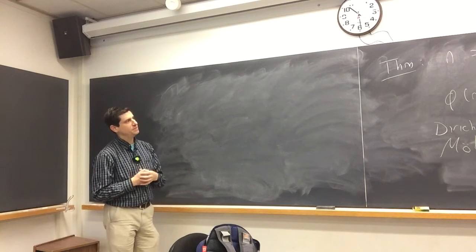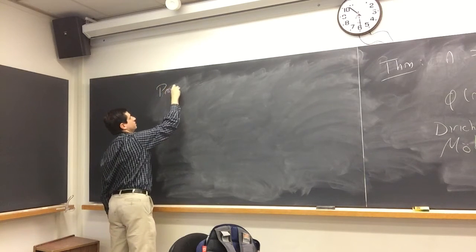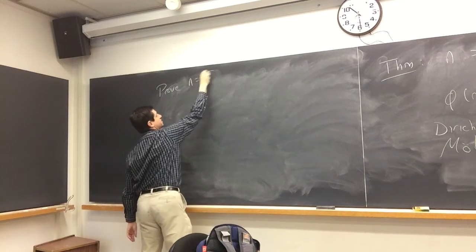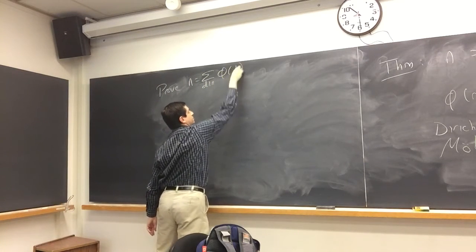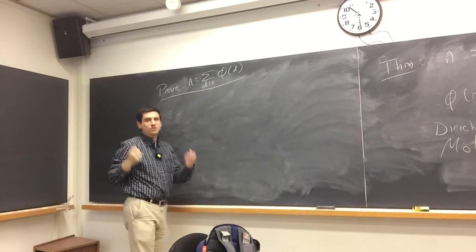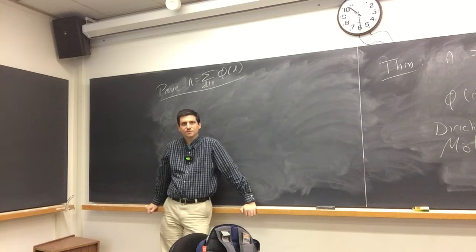How might we prove statement number 1? So prove that n is the sum over d dividing n of phi of d. Or do you even think that the statement is true? It's possible I copied it wrong in my notes and copied it wrong when I went on the board. I did double check.